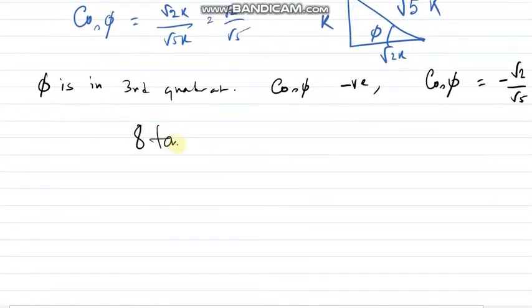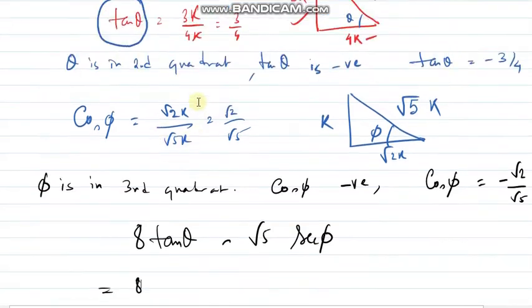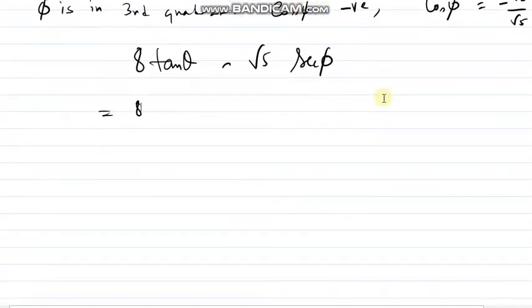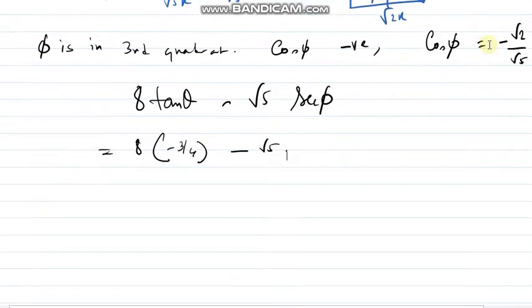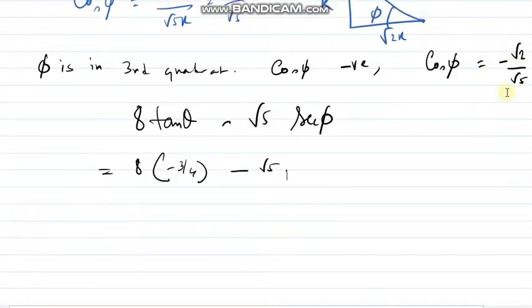Tan theta was minus 3 divided by 4. So 8 into minus 3 divided by 4 minus root 5 into sec phi. Cos phi is minus root 2 divided by root 5.